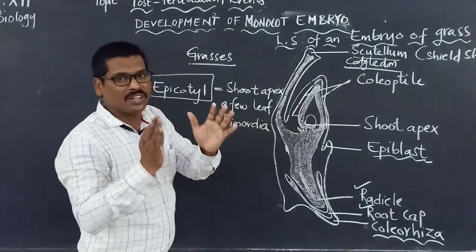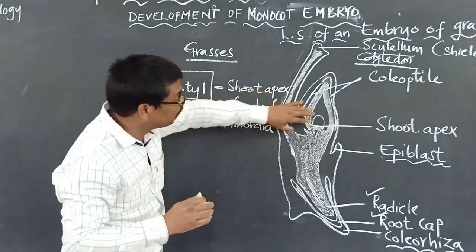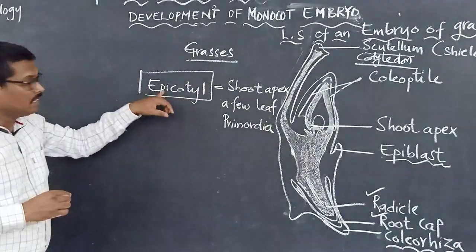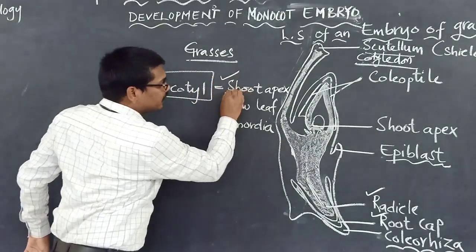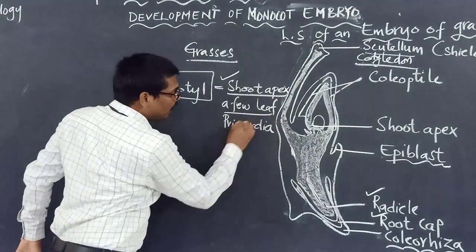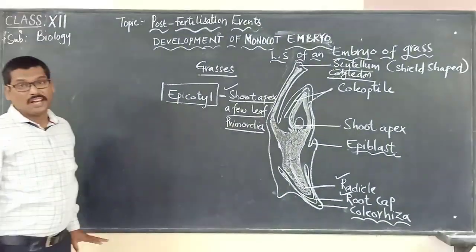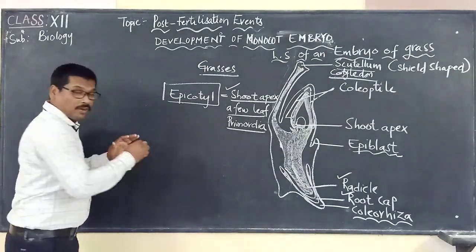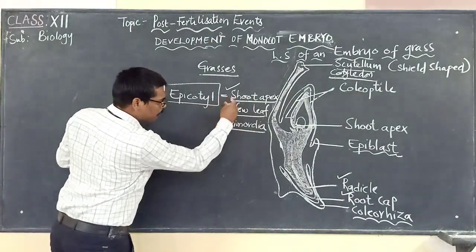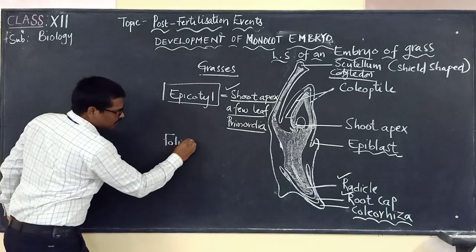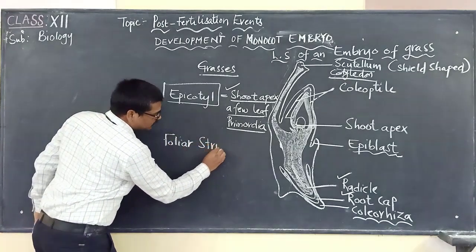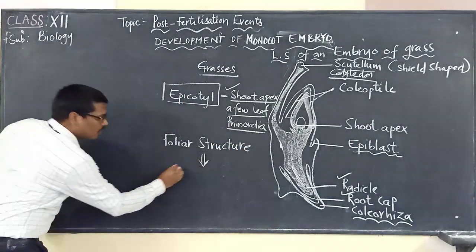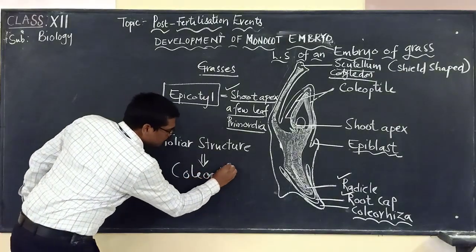A portion of the embryonal axis that is present above the attachment of the scutellum is called the epicotyl. This epicotyl gives rise to the shoot apex and a few leaf primordia, which are completely enclosed in a foliar structure called the coleoptile.